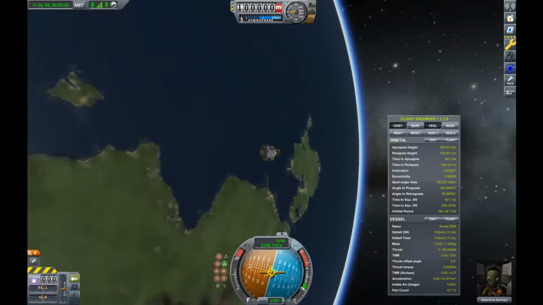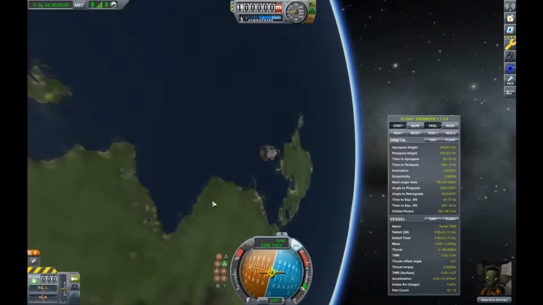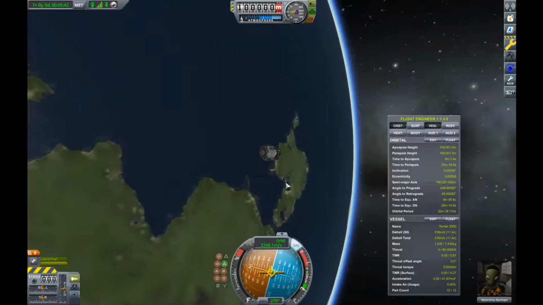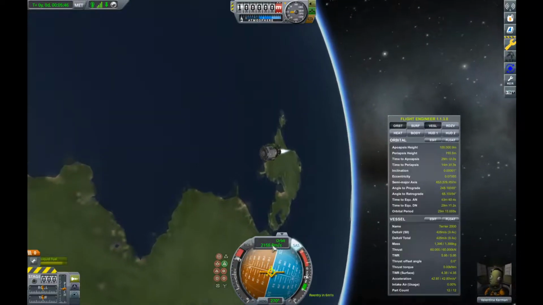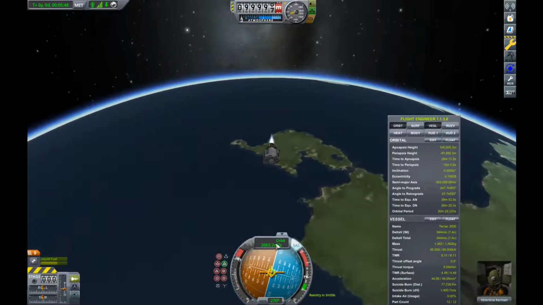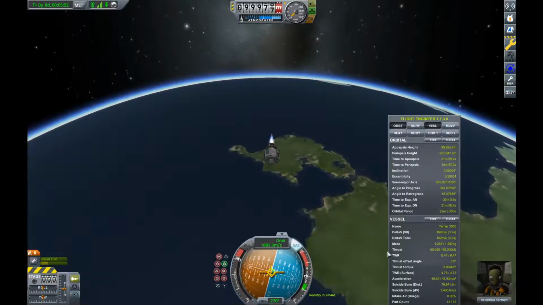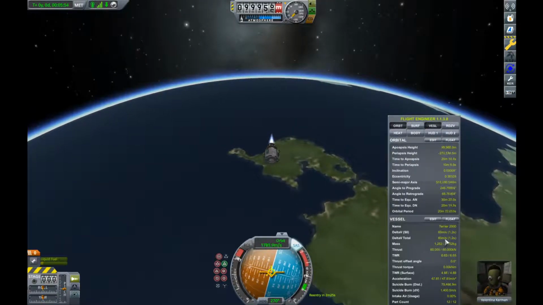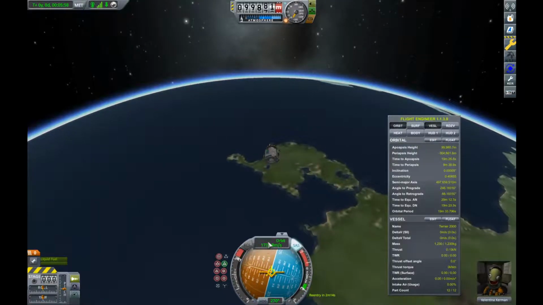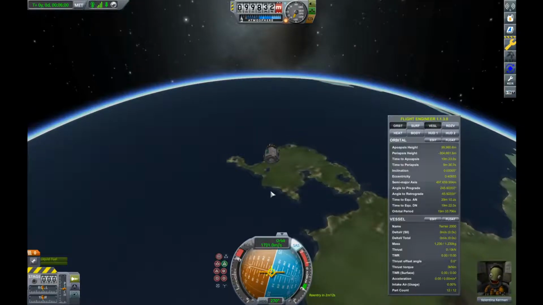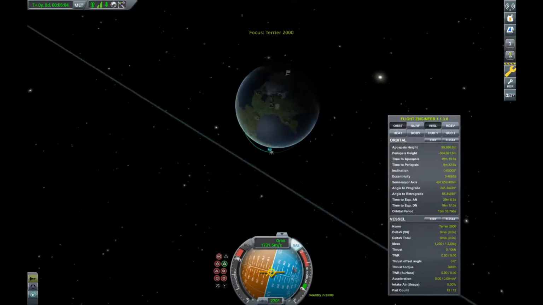Yes, I did make that calculation on the calculator. We're pointed in the correct direction, engine is armed, and full speed ahead. Same thing again, we're seeing our velocity reducing as we're burning, and our delta V is coming down. 1,730 on the dot.